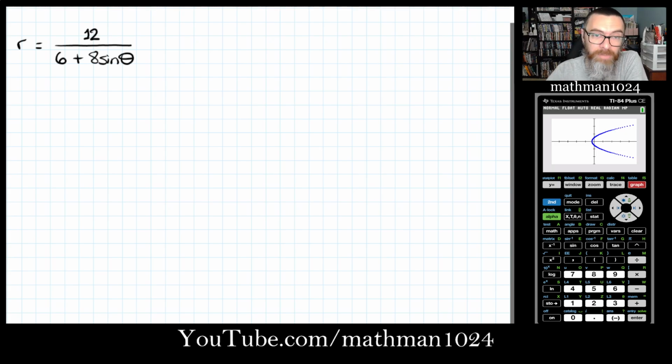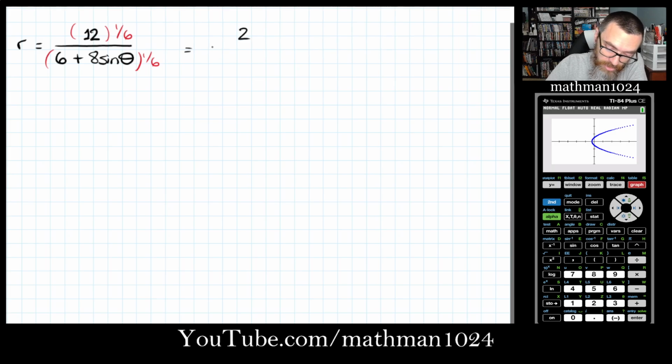Well, right away, I can see that we're dealing with sine, so my directrix is going to be parallel, so it's going to be horizontal relative to that polar axis. Let's do some reducing here. In fact, you may just want to say, let me divide everything by 6 because I need to get this guy to be a 1. So I'm going to divide this by 6 and the denominator by 6 as well.